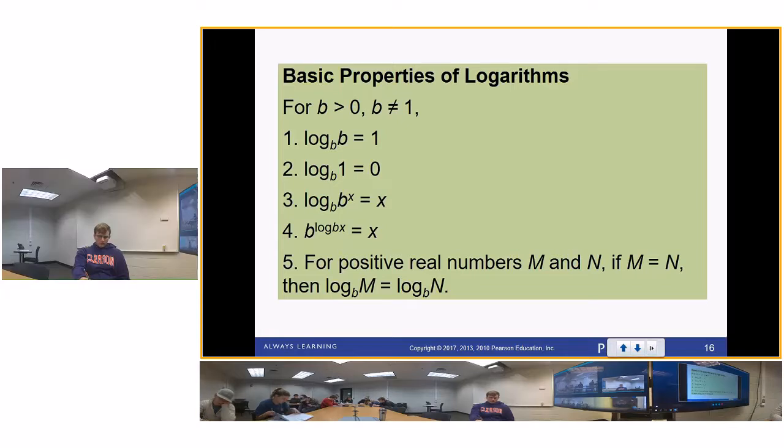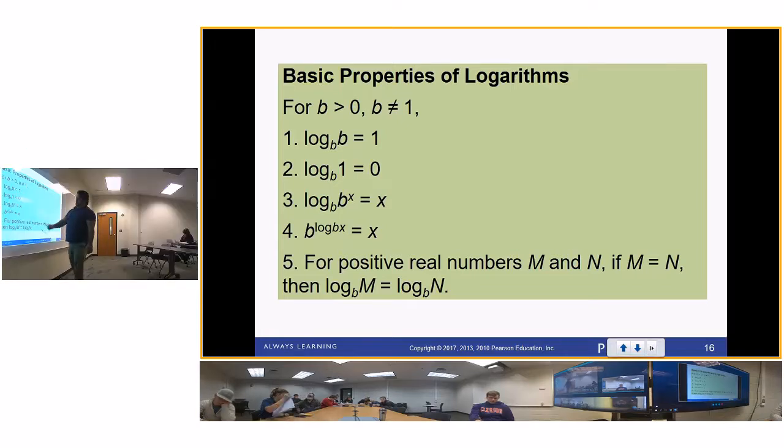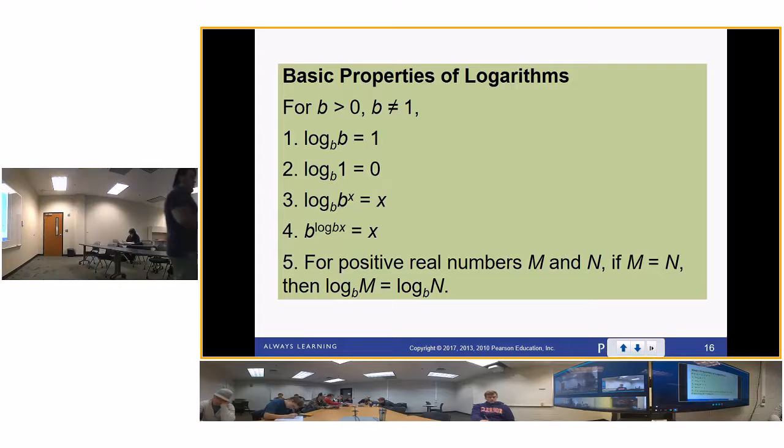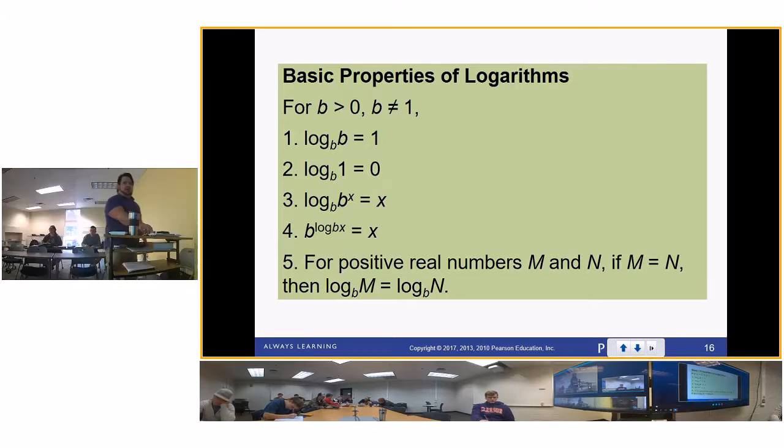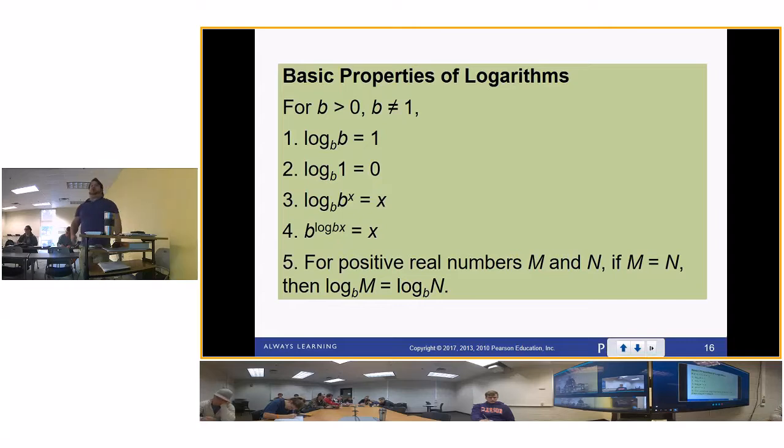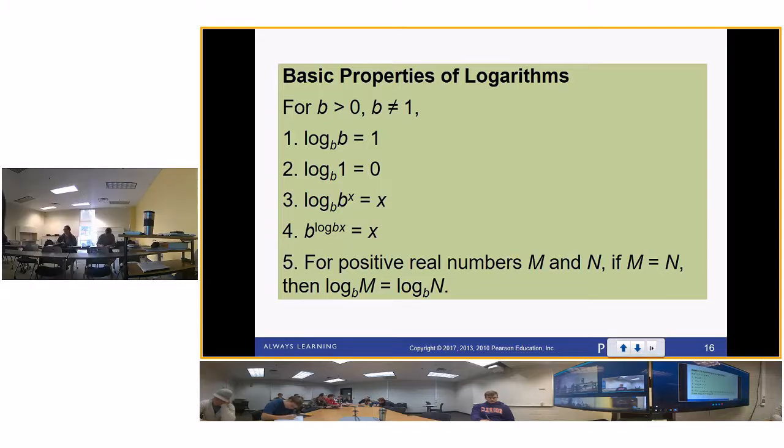Now, these right here, the first four, those are things that you're going to need, but it's not algebraic. It's more like you can't take the square root of a negative, okay? Pi is always 3.14. That's what these are. So you need to put these to memory.